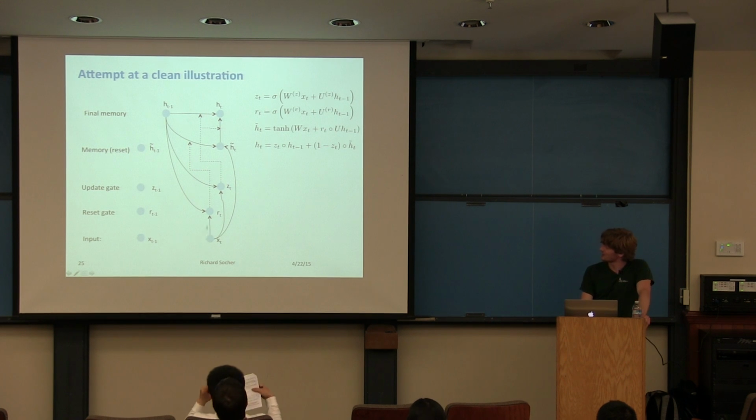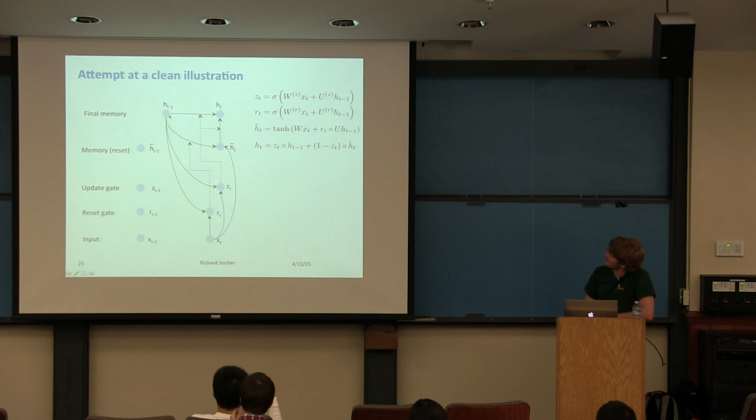Here we have our word vectors, and now we compute our two gates, the reset gate and the update gate. And now we look here at the memory that has been reset, and note how all these four don't depend on the previous time steps themselves, but only indirectly based on the final memory output.